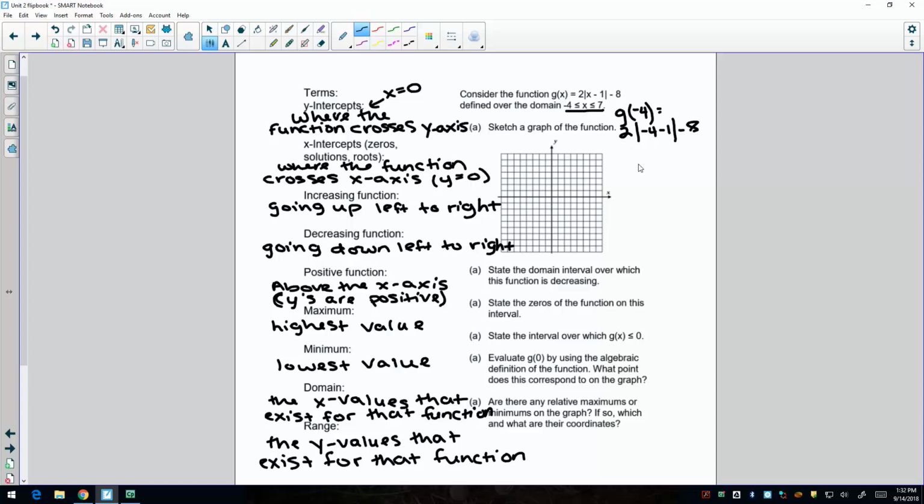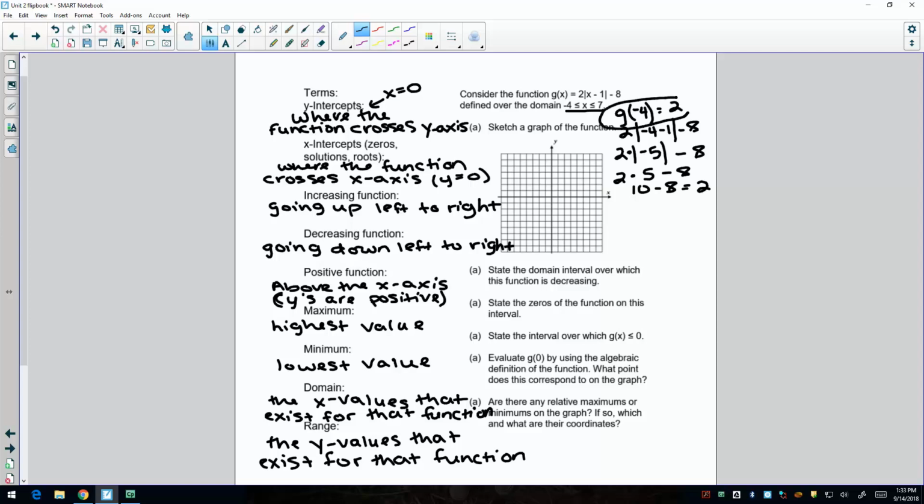I'll just show detailed steps for the first one. -4 minus 1 is -5. The absolute value of -5 is 5. So 2 times 5 minus 8. 2 times 5 is 10. 10 minus 8 is 2. So g of -4 turns out to be 2.